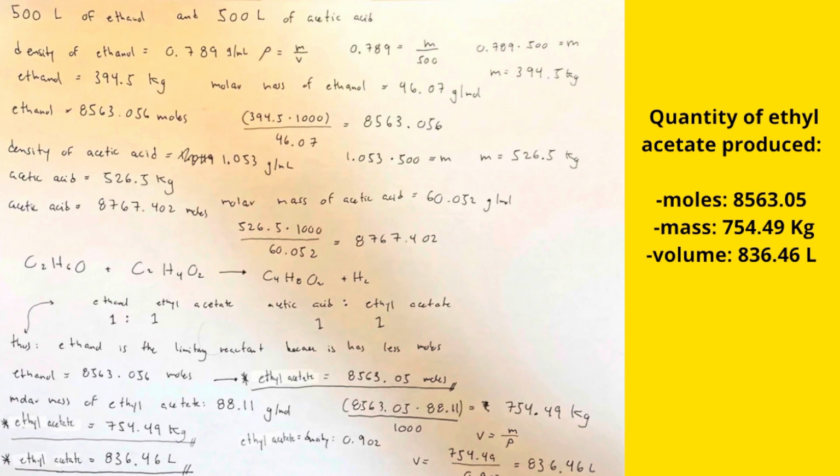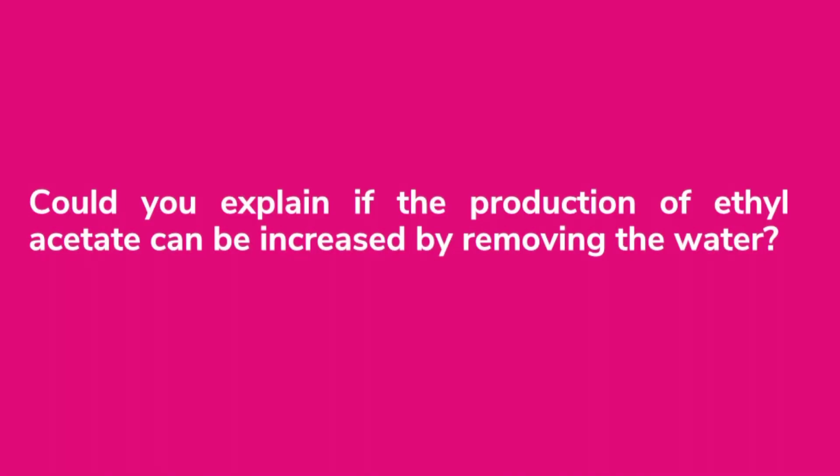That amount of moles is of the product. Then we multiply that value by the molar mass of ethyl acetate. After that, we get the maximum amount of ethyl acetate that can be produced, which is 754.49 kilograms.